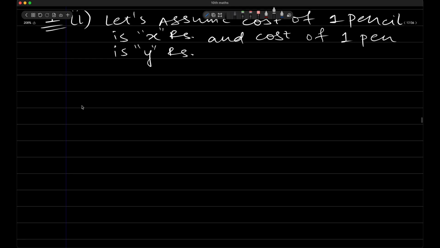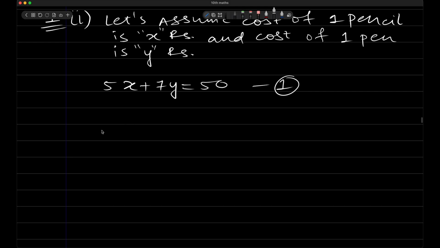So we will get the equation. First equation is 5 pencils and 7 pens cost 50 rupees. Cost of one pencil is x rupees. So cost of 5 pencils is 5x rupees and cost of 7 pens equals to 7y, and total cost of 5 pencil and 7 pen is 50 rupees. This is the first equation.